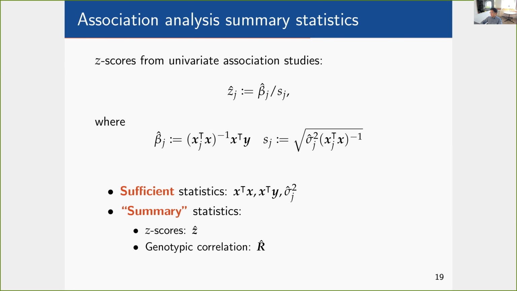There's a distinction between sufficient statistics versus summary statistics. Usually, I think people mostly use the z-scores and the r-squared, the genotypic correlations, for summary statistics. Although the sufficient statistic is going to give you exactly the same results as the original data.